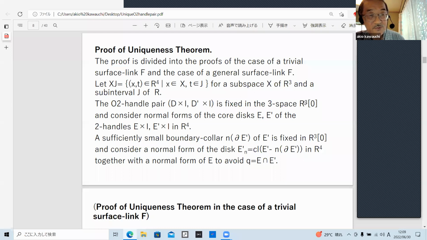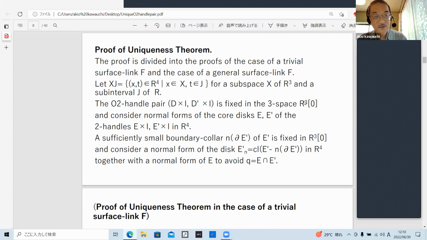The proof is divided into two cases: one is the trivial surface link case, and the other is the more general surface link case. And the notation fxj means usually x×j, but I omitted the cross notation. Now there are two orthogonal pairs.